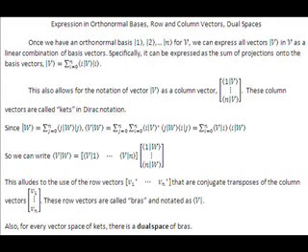Now, I wanted to go into dual spaces a lot more in depth, but I wasn't able to look into it too much. I know that there's a lot more detail in terms of linear functionals and all sorts of other stuff that, if I wanted to do a rigorous study of it, would warrant a lot more explanation and thought.